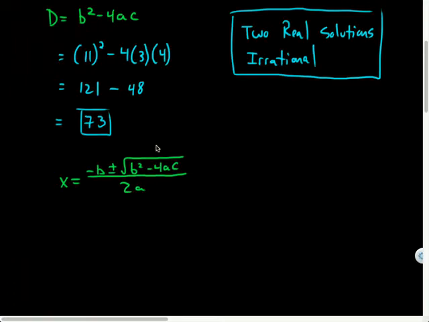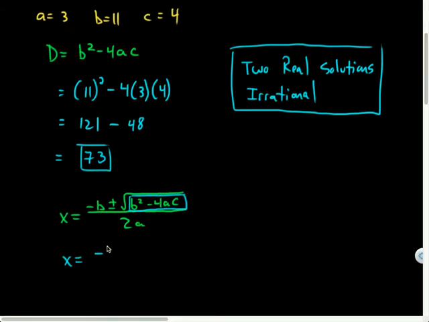So plugging this in, actually I want to point out that I already evaluated b squared minus 4ac. What was b squared minus 4ac? It was 73. So I'm not going to have to re-evaluate that. So I'll just get x equals the opposite of 11 plus or minus the square root of 73 all over 2 times a was 3.